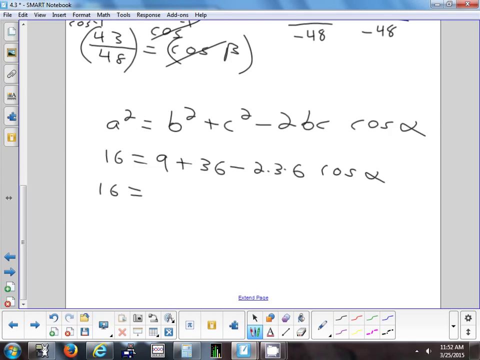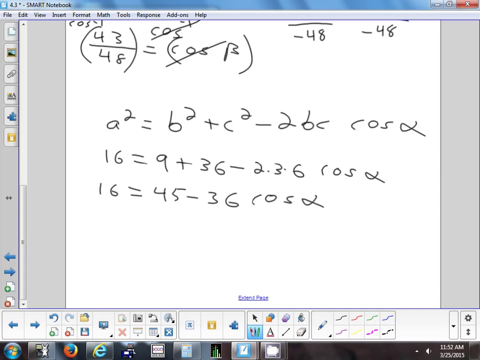Okay, it's okay to add 9 and 36 because that's not going to affect doing 2 times 3 times 6. Just don't do 36 minus 2. Can't do that. So 2 times 3 is 6, then times 6 is 36. Okay, Brooke, what would I do next?